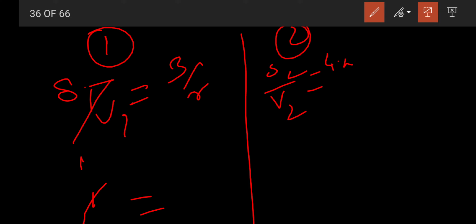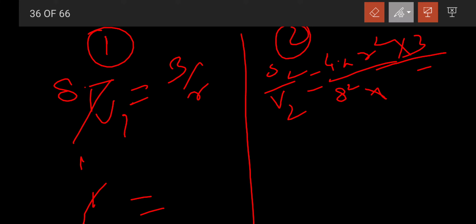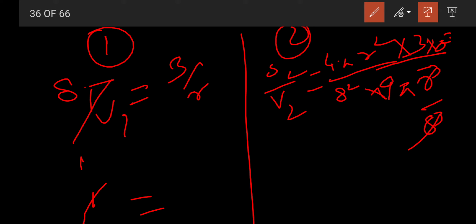4 pi r square by 8 square, into the value of volume, which is 4 by 3 pi r cube by 8 cube, so 3 goes upward, and 8 cube goes upward.